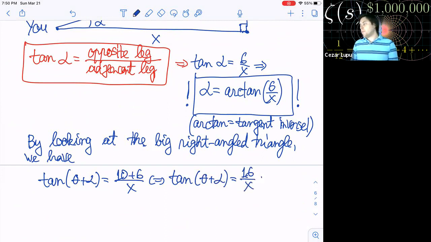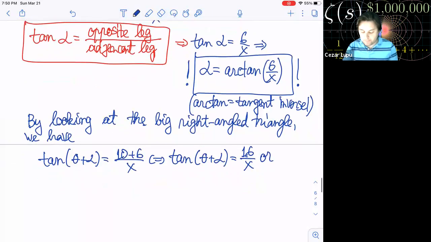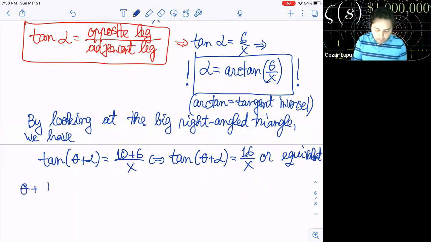Great. So tangent of theta plus alpha is 16 over x, or equivalently, if we apply the tangent inverse here, we can say that theta plus alpha is arctangent of 16 over x.